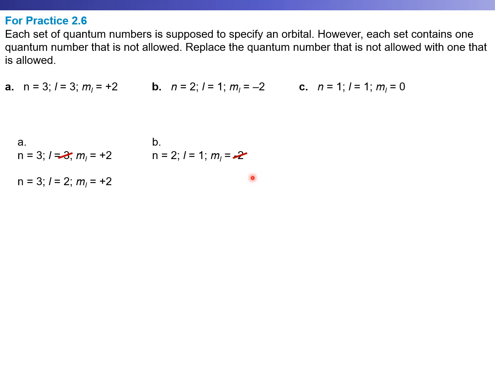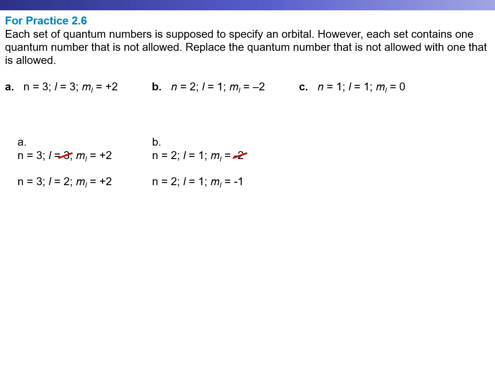It can't be -2, but it could be -1. So the correct set should be principal 2, angular momentum 1, and magnetic number -1, or maybe +1, but here we're going to go with -1.